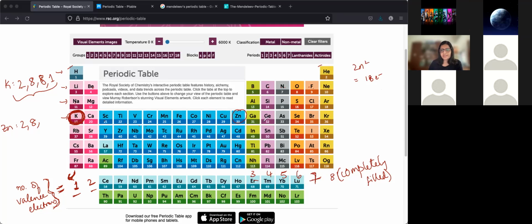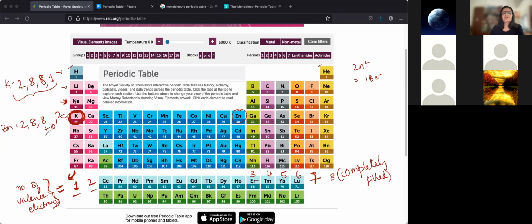Okay. So for zinc, 2, 8, then 8 electrons get filled in 3s2, 3p6. After that, 2 electrons in the fourth shell. And then the 3d orbital gets filled here, so 8 plus 10 electrons get filled this way.